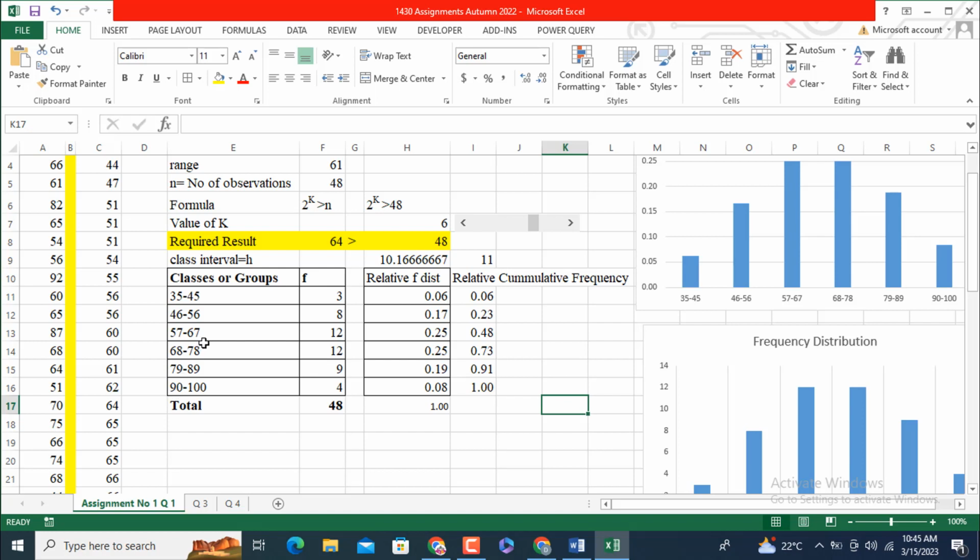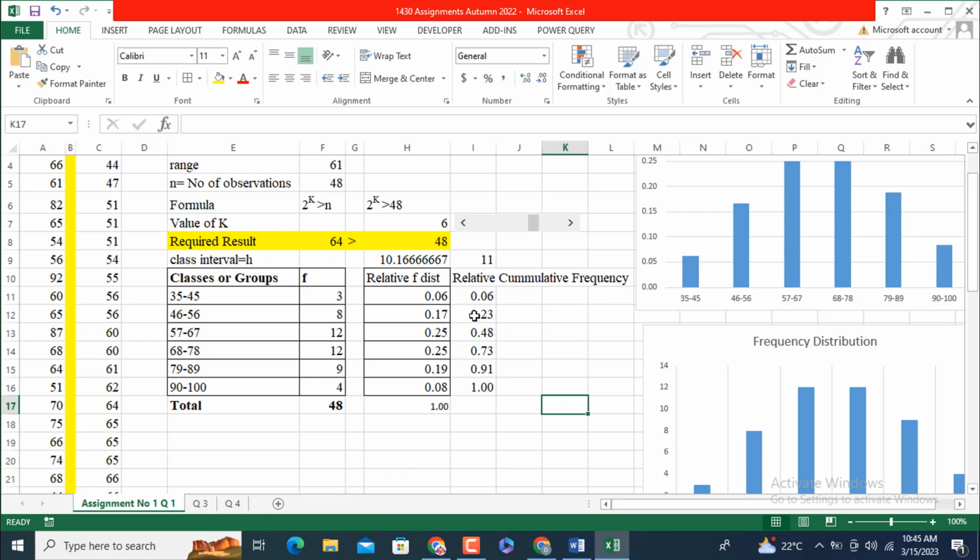Now the second step is to determine the relative frequency distribution. How can you determine this? Divide each value of the frequency distribution by the total value, meaning 3 divided by 48, 8 divided by 48. You will get the column of relative frequency distribution. So the sum is equal to 1. Now the third and last requirement of this question is to determine the relative cumulative frequency distribution.